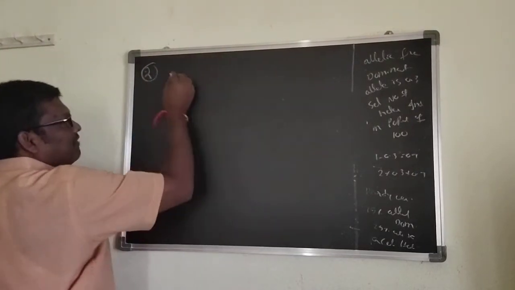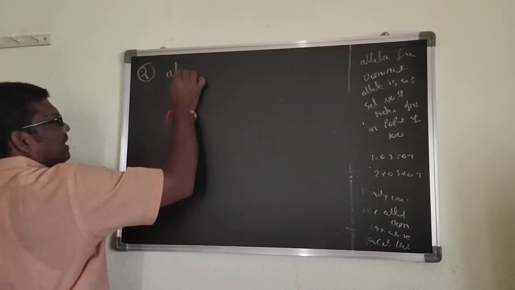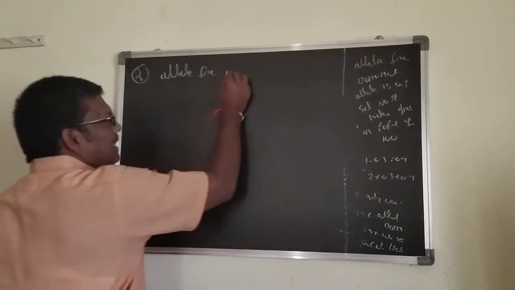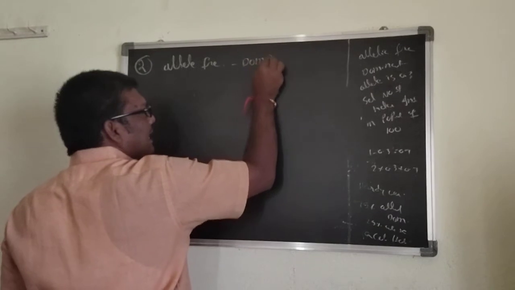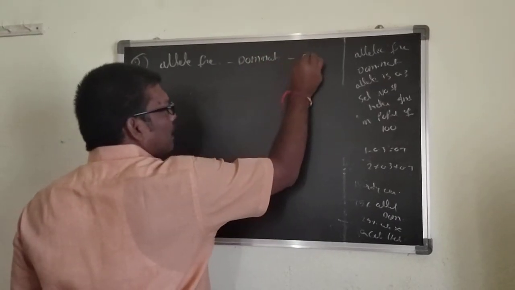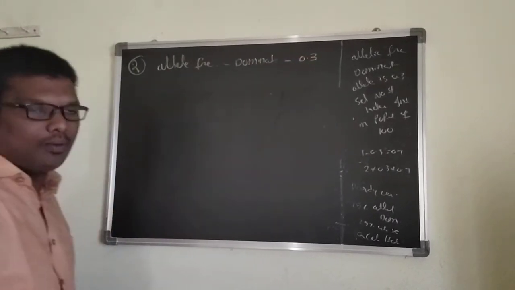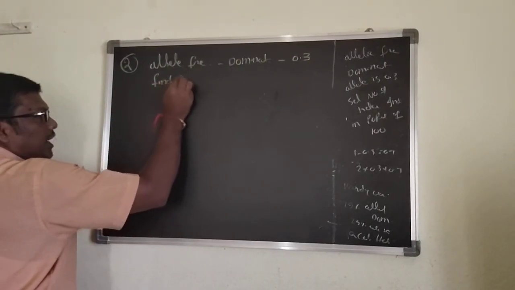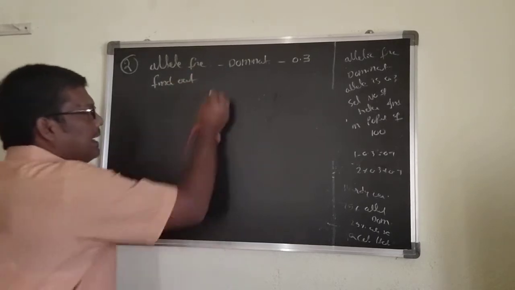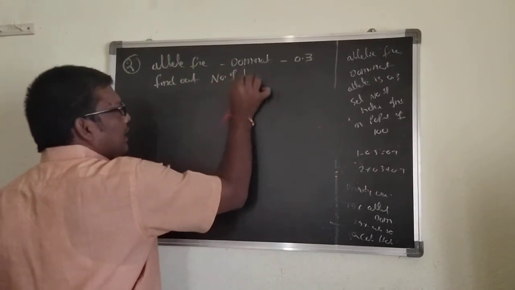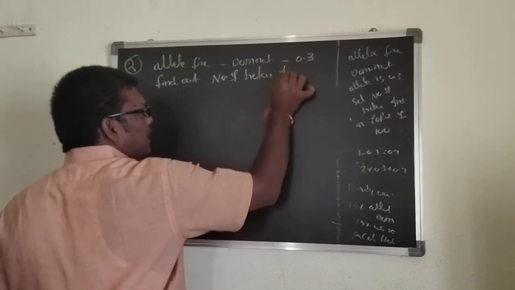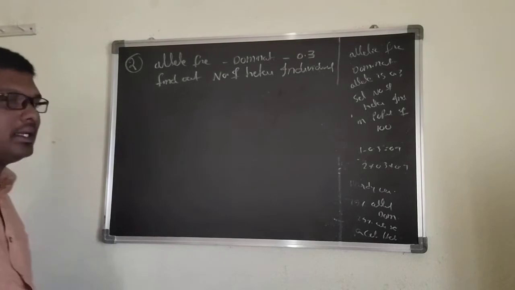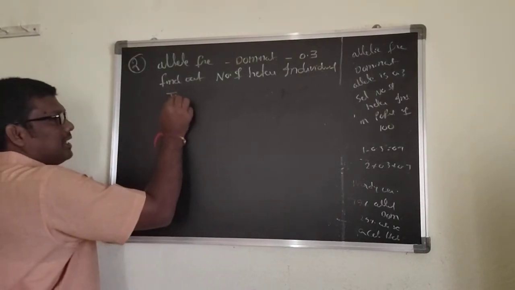The allele frequency of a dominant allele is given as 0.3, and we have to find out the number of heterozygous individuals in a given population.